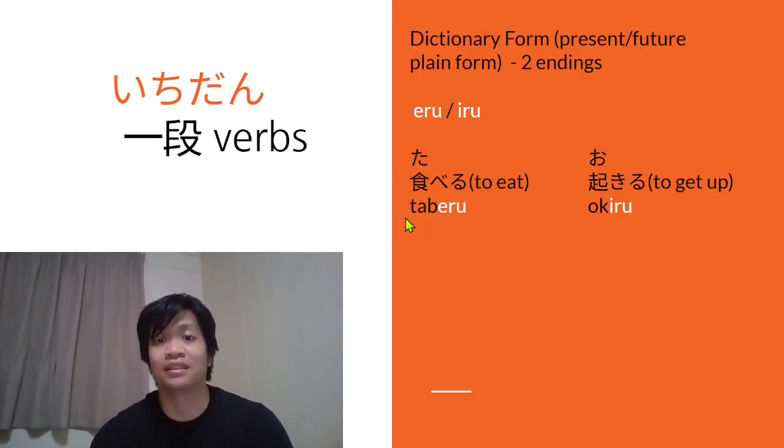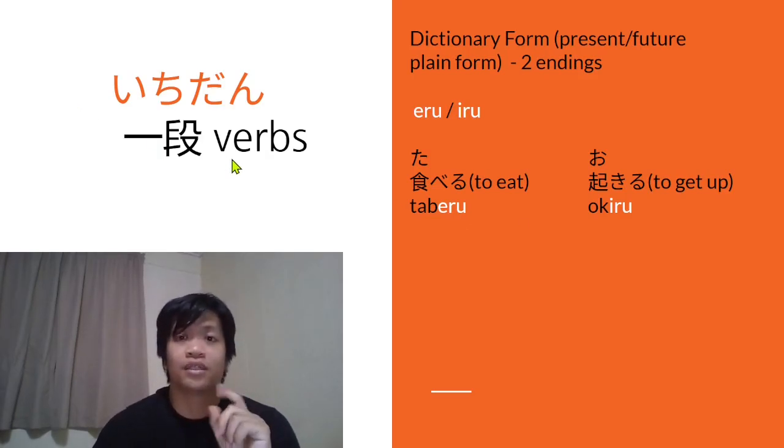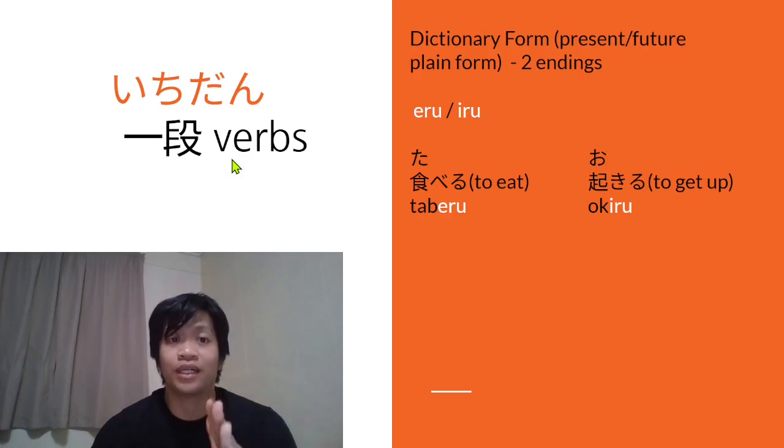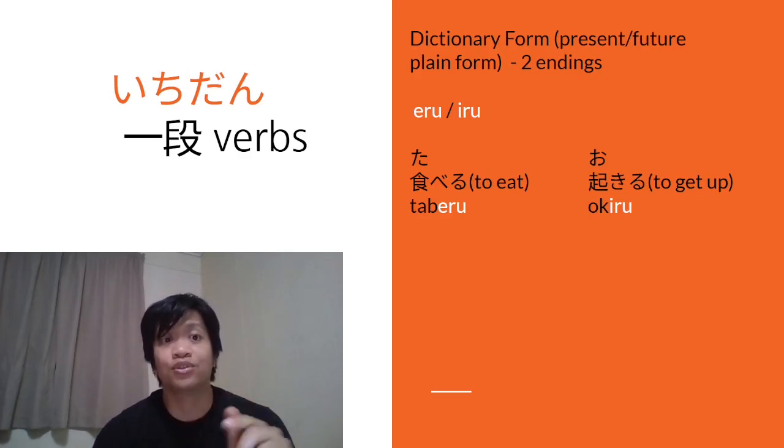If you put this in Romaji, taberu, it ends in eru, so this is an ichidan verb. Same for okiru. It ends in iru, so this is also an ichidan verb. So if the verb ends in either eru or iru, it is usually, not always, usually an ichidan verb.